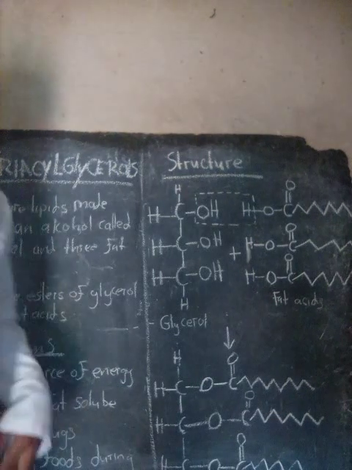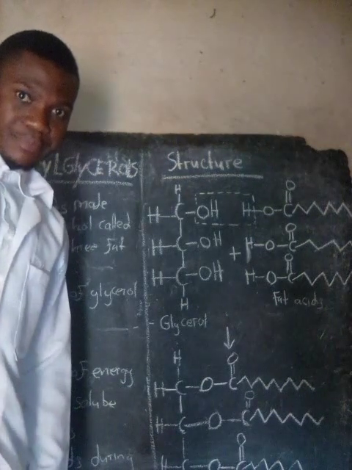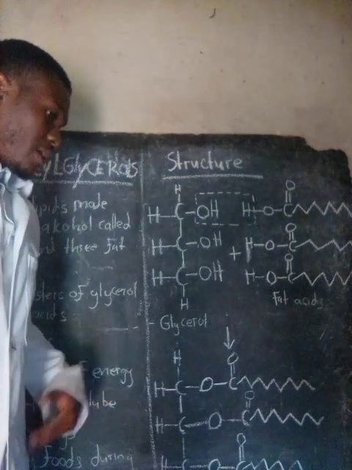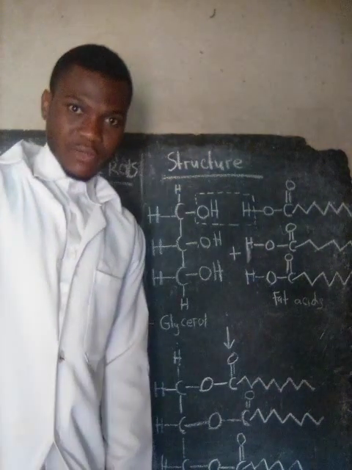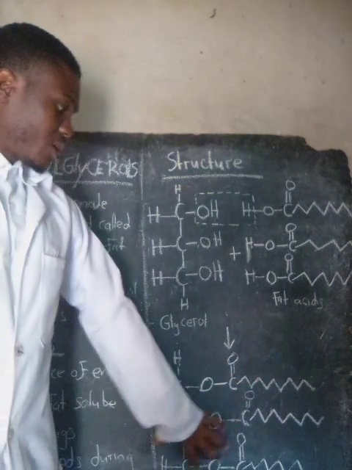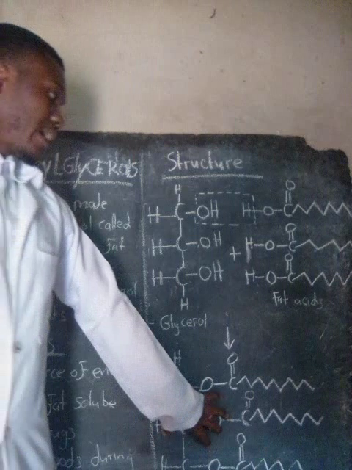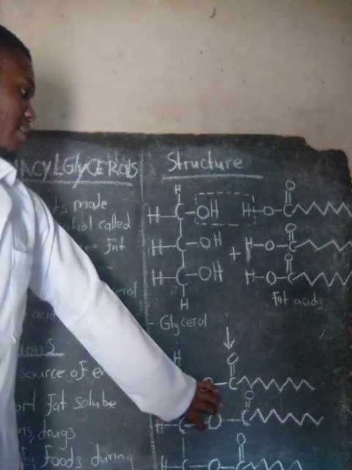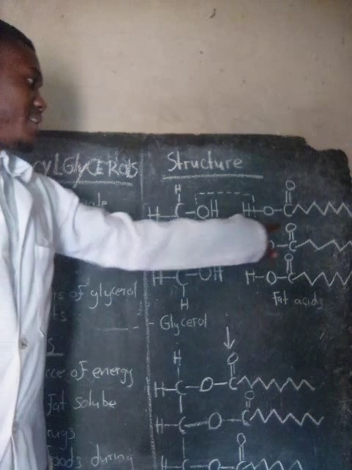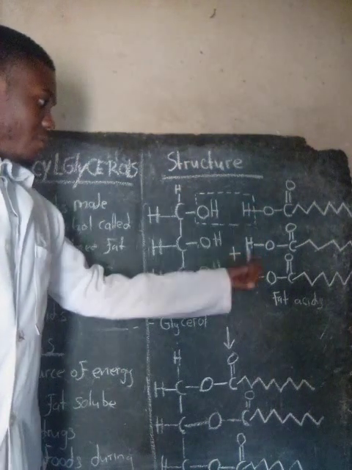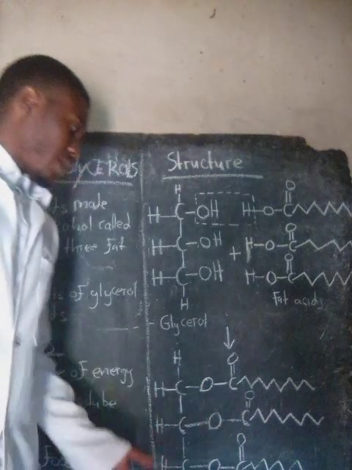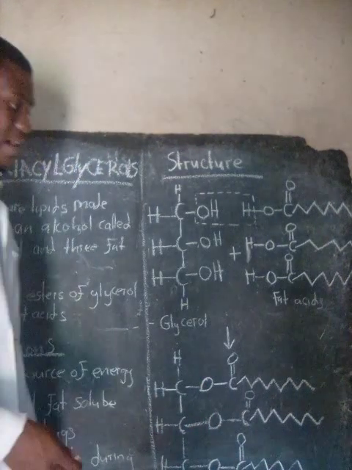It will help you to come up with complex structures that you can come across in some complex lipids that we shall discuss. So the product now is what we call a triacylglyceride. This triacylglyceride was made from this glycerol plus different fatty acids. Then when they combine, they form a molecule which we call a triacylglyceride or an ester.